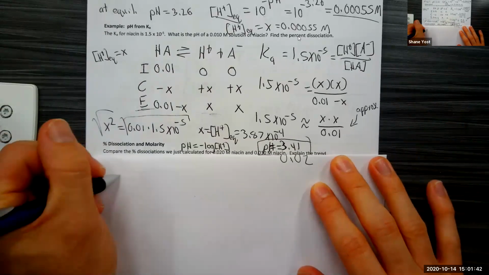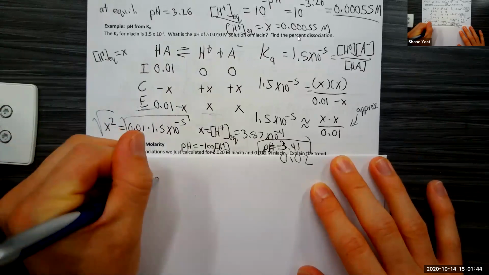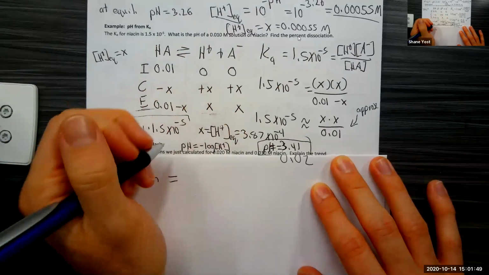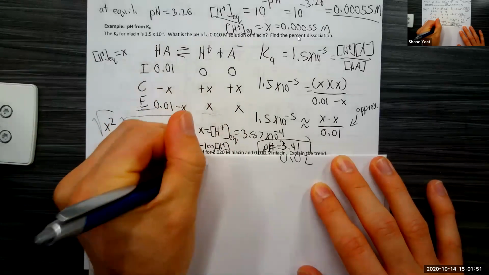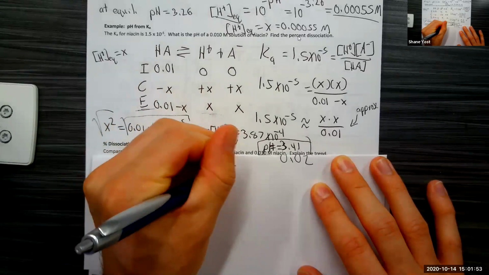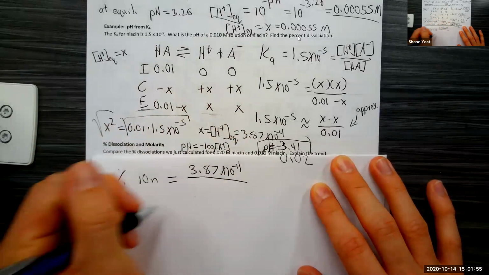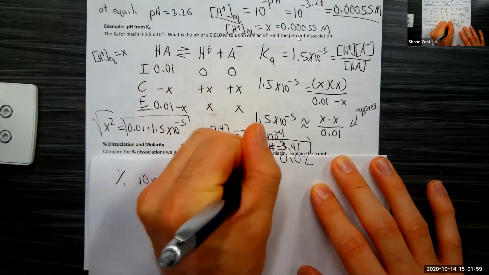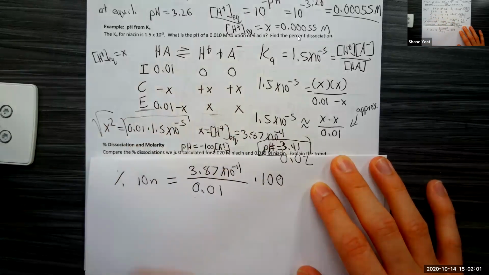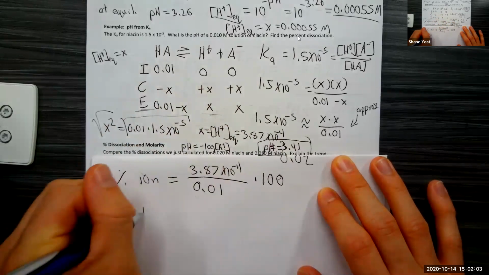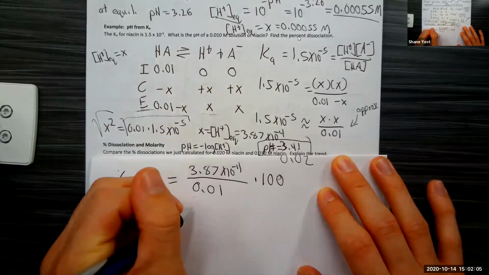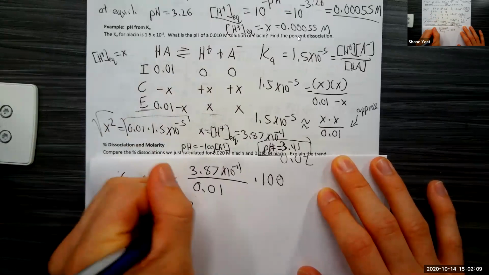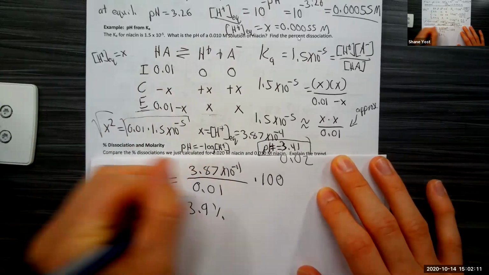So the percent ionization is again the equilibrium concentration of H plus, that 3.87 times 10 to the minus 4, over my initial concentration of 0.01, times 100. And so this percent ionization equals 3.9%.